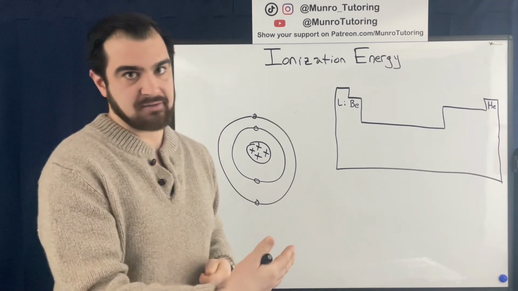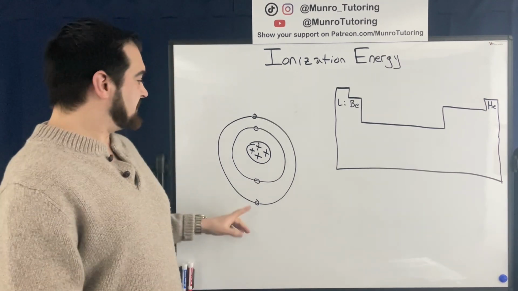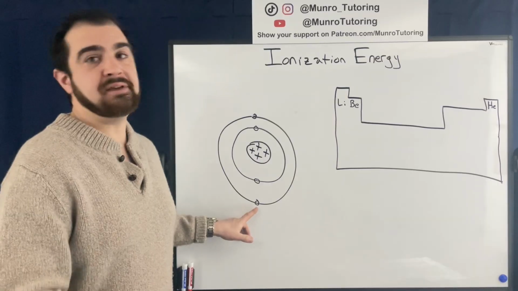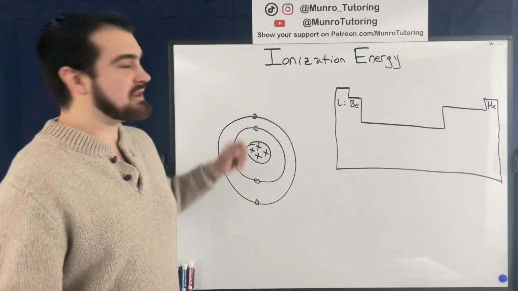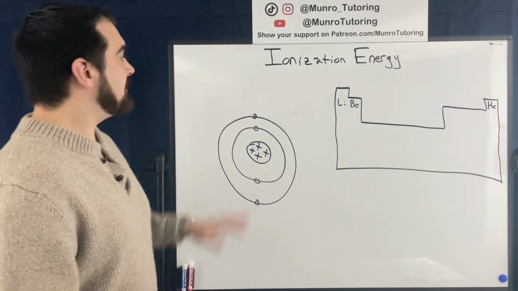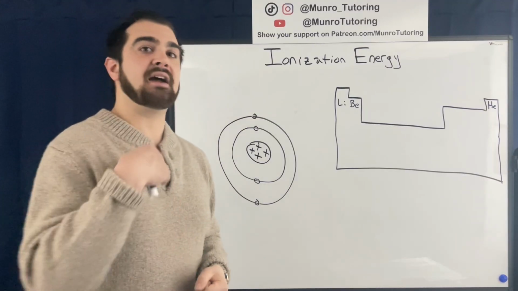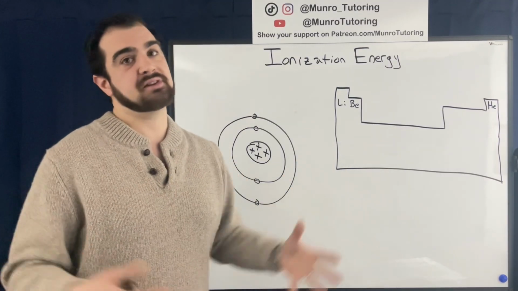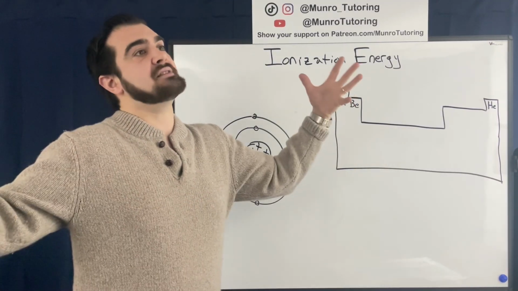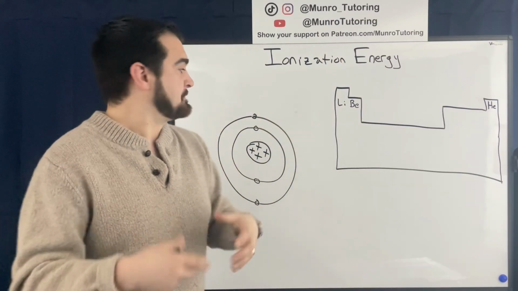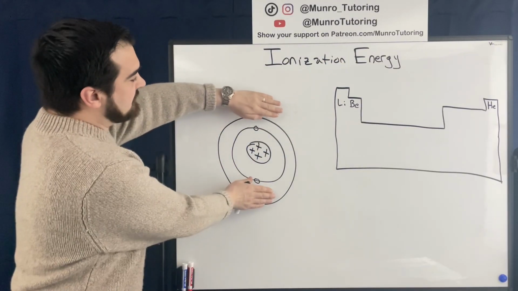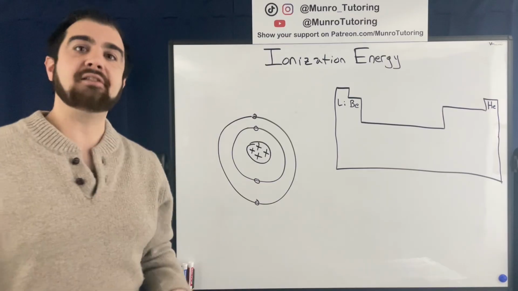So in other words, we remove one electron, now we have a Be+, and it has one more electron in the valence shell. Then we remove the second electron in the second ionization energy. That's going to be a higher value because it's already positive and attracting that electron even stronger. But then we have our noble gas core of helium.